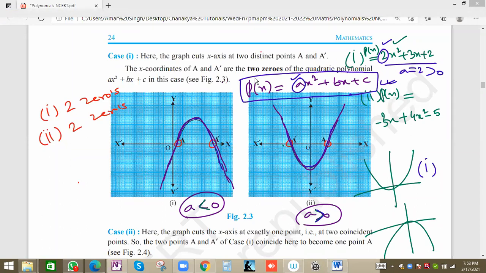Second one you can try, Rashul and Angela. Second one, Ashish is saying downward, okay. Pratibha is saying upward.